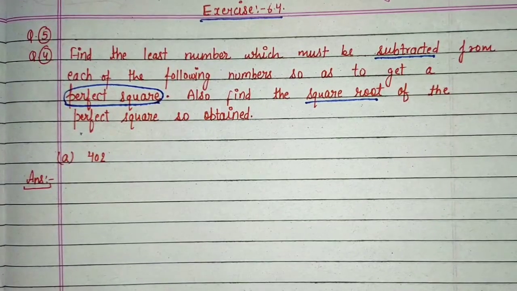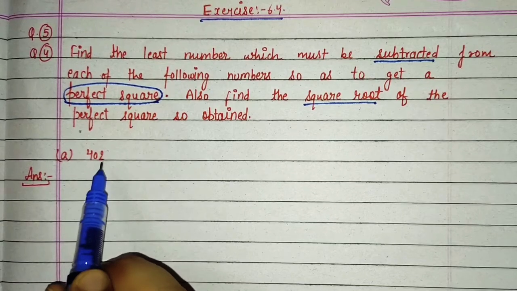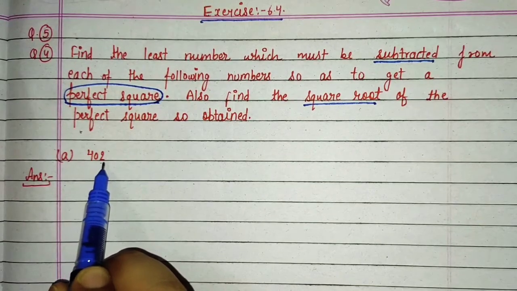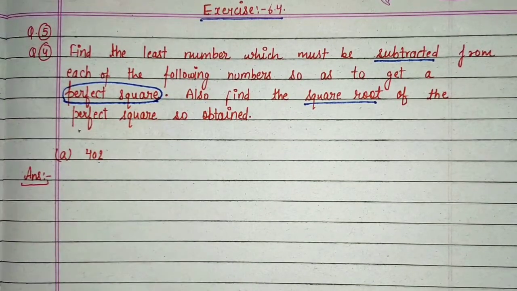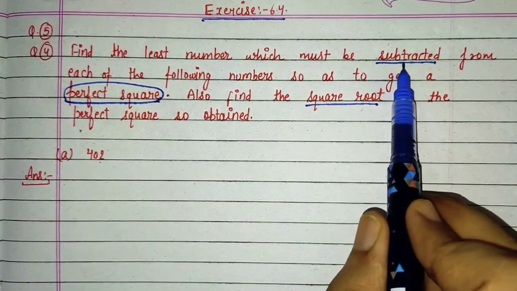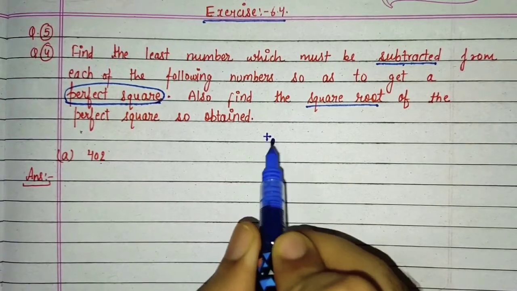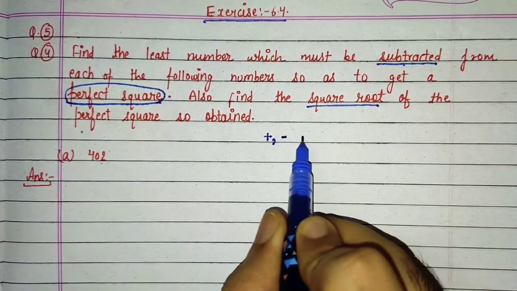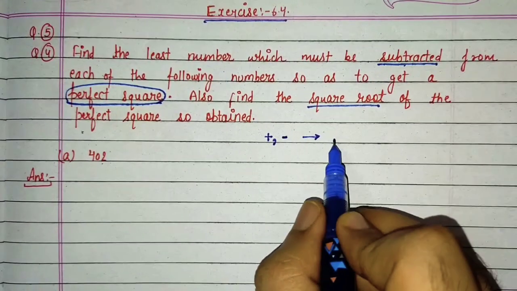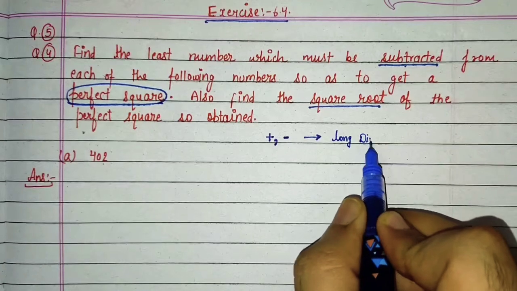So the first number is given, 402. Clearly, the unit digit is 2, which means it is not a perfect square. The question is what should be subtracted. Class, please note down: whenever the question is what should be added or what should be subtracted, we will use the long division method.